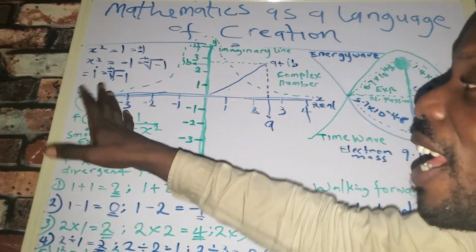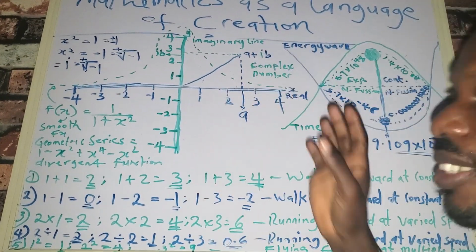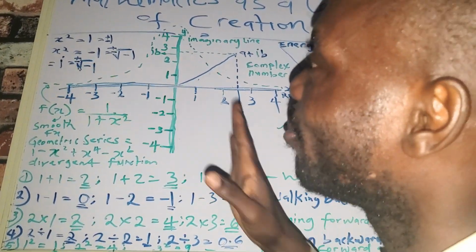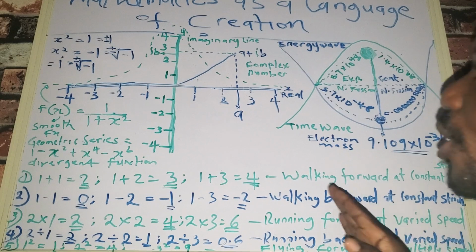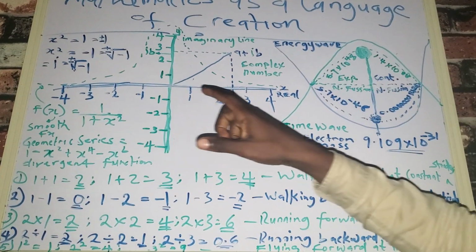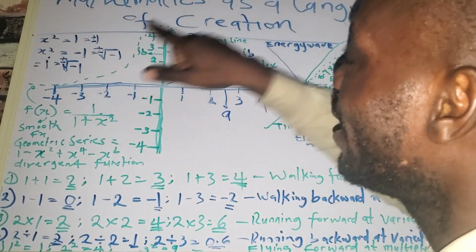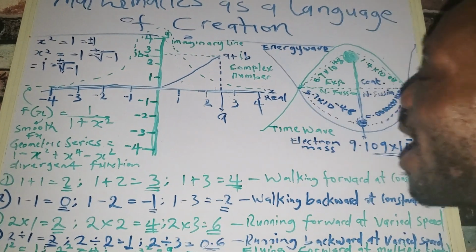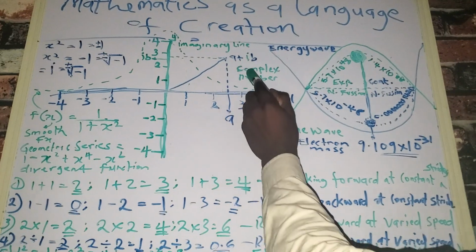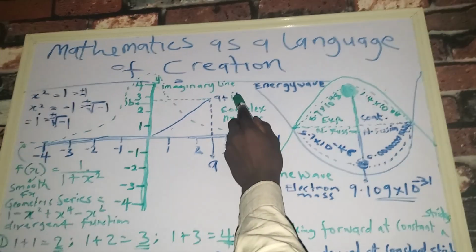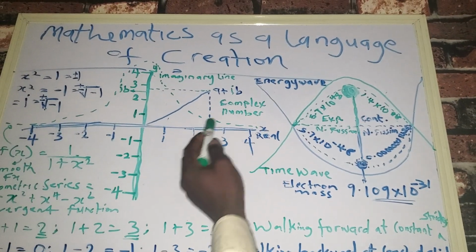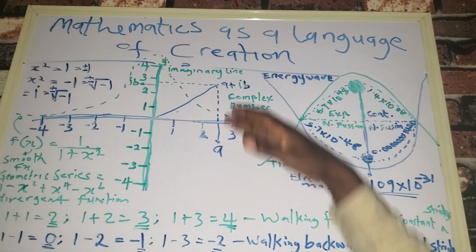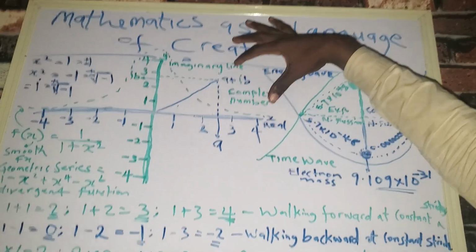So we get stuck there and we now call it i. That i we call the imaginary number. And then when you have a plus i multiplied by b, we have a complex number. And so we have the complex plane.